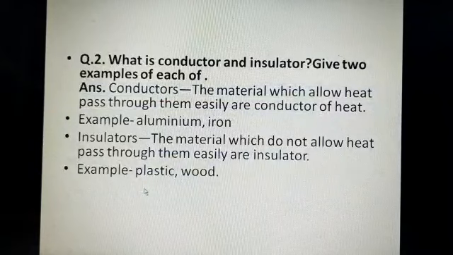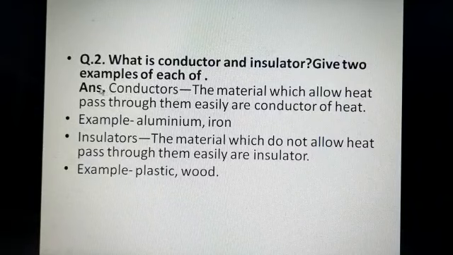So now we read our next question. What is a conductor and an insulator? Give two examples of each of them. Conductor: the materials which allow heat to pass through them easily are conductors of heat.